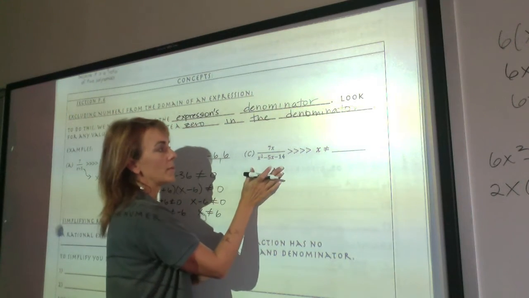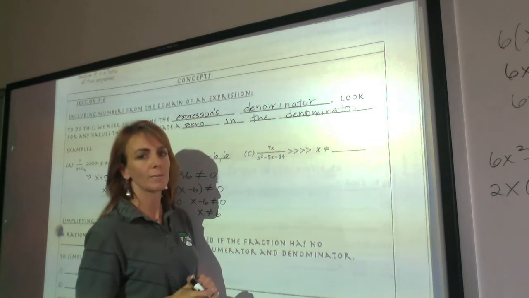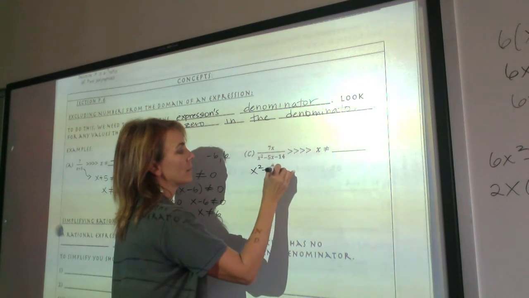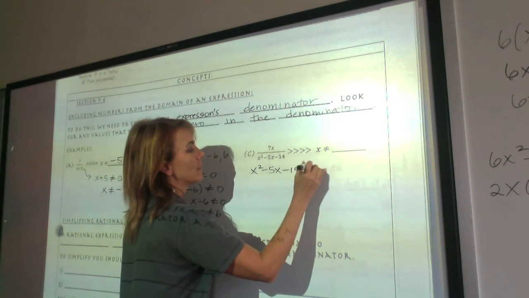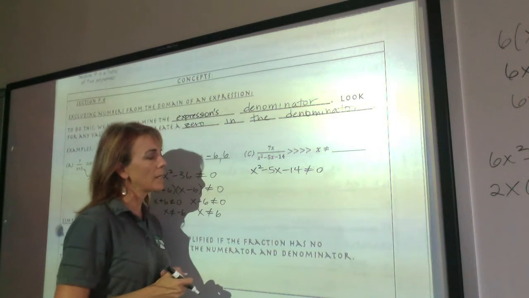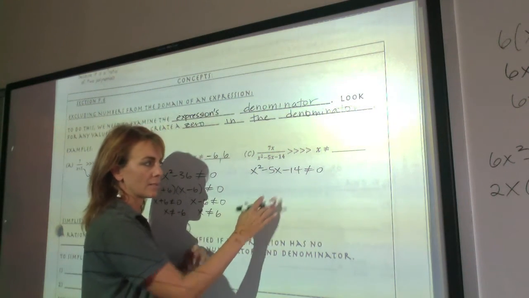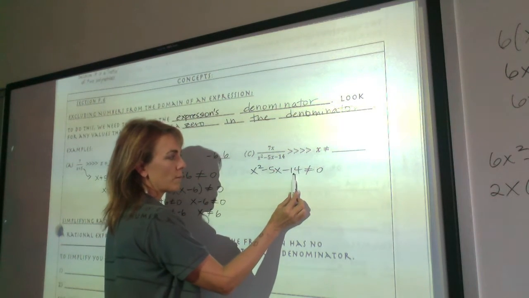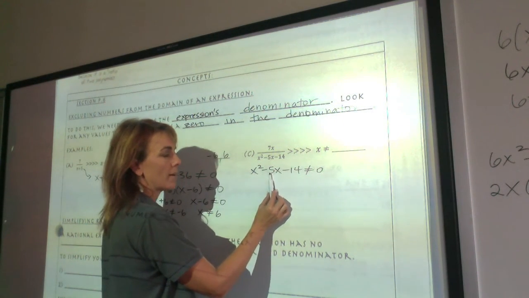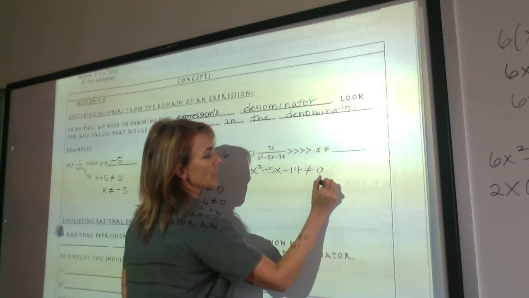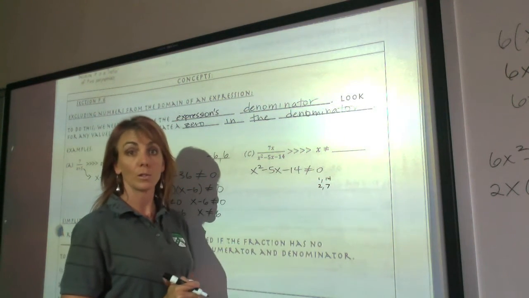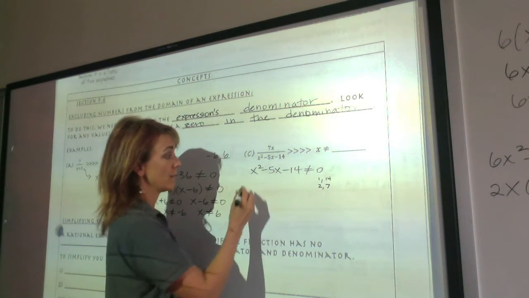Okay, how about this one? X squared minus 5x minus 14, let's set that not equal to 0. All right, so I think we're going to have to factor this one. So let's think about what multiplies together to make 14 but subtracts to make 5. Factors of 14, 1 and 14, 2 and 7, and I think that's it. Which one subtracts to make 5?